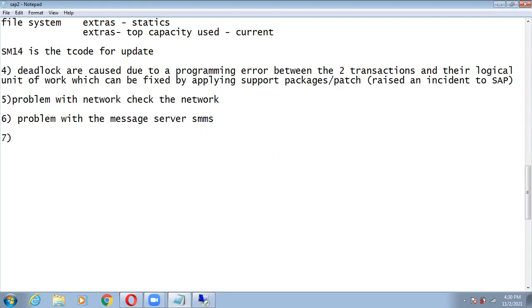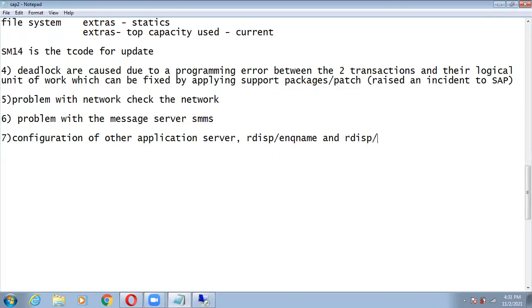So sometimes what happens is a configuration issue with the other application server, like some parameters, like the enq name and the ms host must be set up on the NQ or the message server of the other instance.